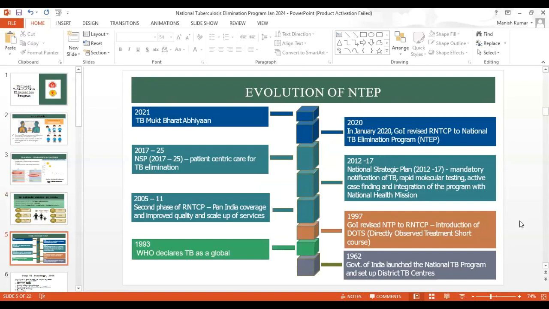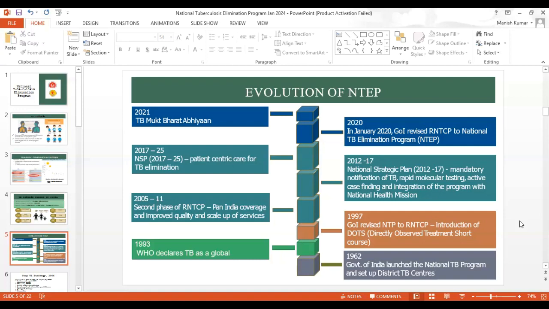Then in 1993, WHO declared TB a global emergency. In 1997, the Government of India evaluated the National TB Program and realized that only 30% of cases were being detected, and out of those, only 30% were treated successfully.